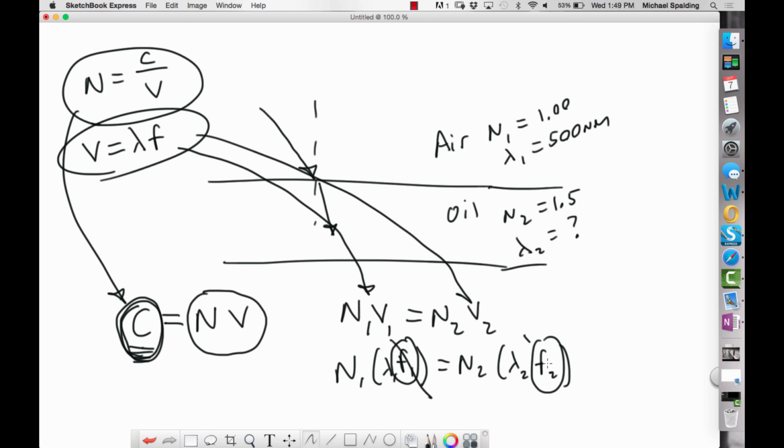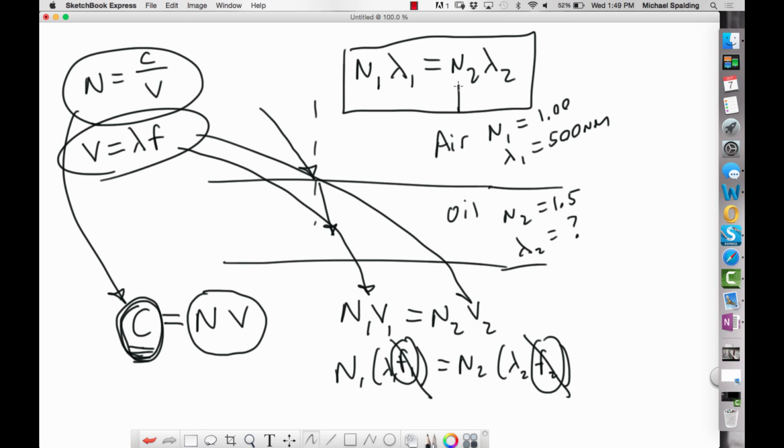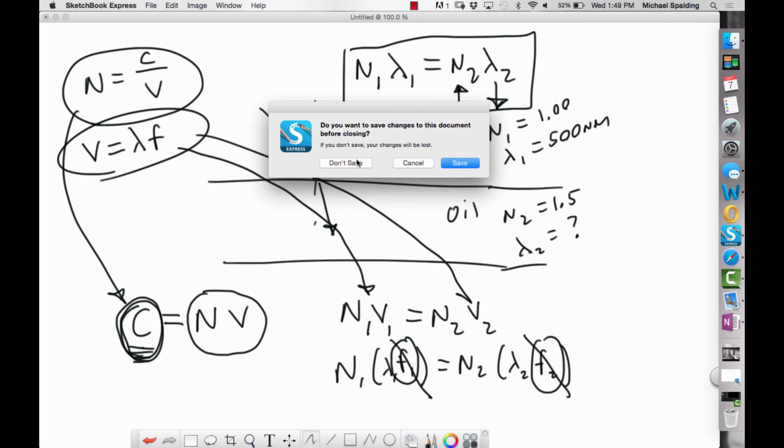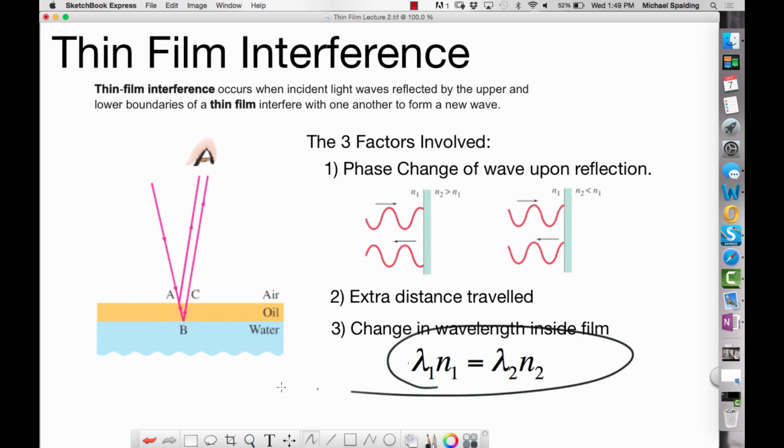The frequencies are the same, so this leaves us with N1 wavelength 1 equals N2 wavelength 2, which makes sense because as your index of refraction goes up, the velocity of the wave goes down, which means the wavelength goes down. That's this equation for finding wavelength in a given medium.